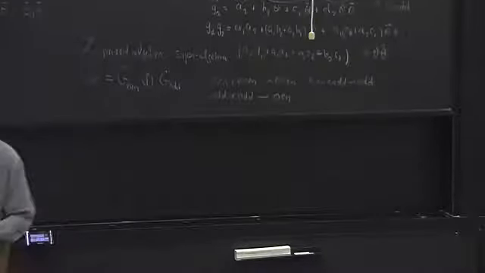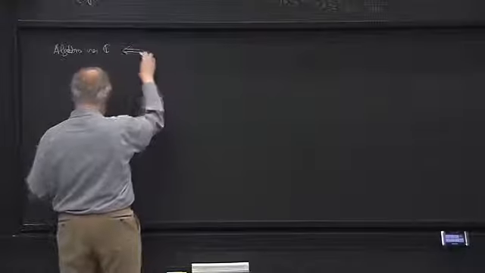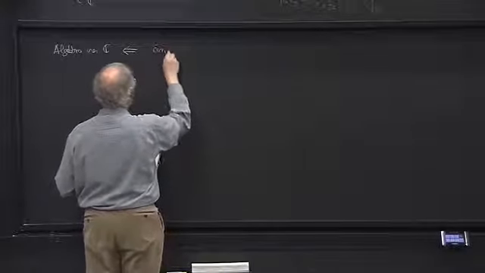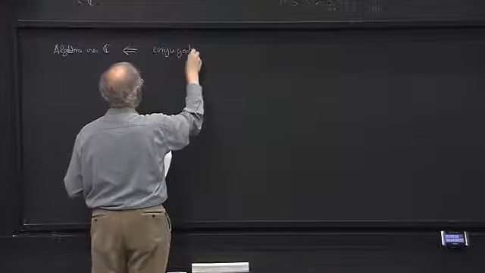So now, since I'm considering an algebra over C, but in fact it's true also for an algebra over R, I need to define if there is something that corresponds to this theta bar. So I will need to define a conjugation operation.